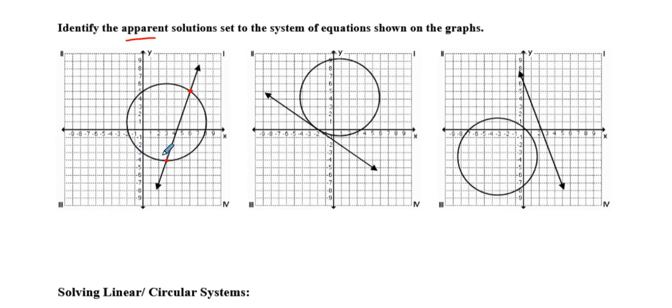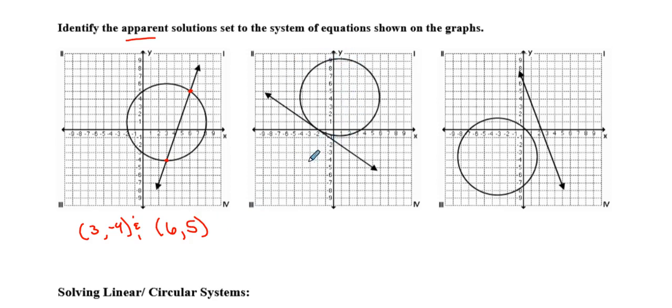We'll pick this bottom one, which has an x coordinate of 3 and a y value of -4, so 3, -4. And here we'll say 6, 5. So this one has 2 solutions, 3, -4 and 6, 5.